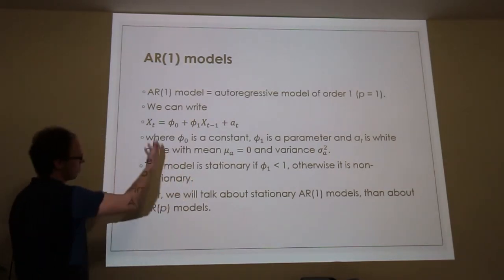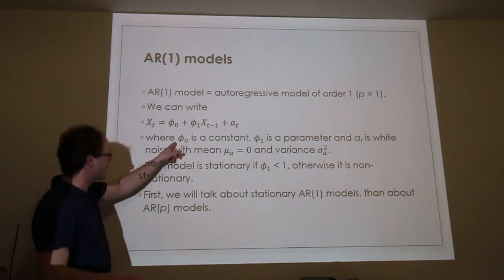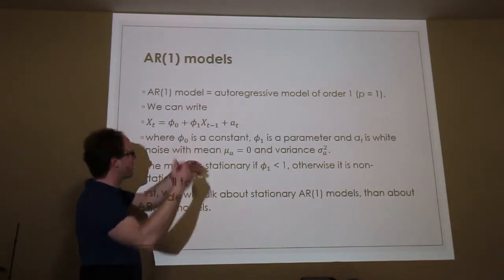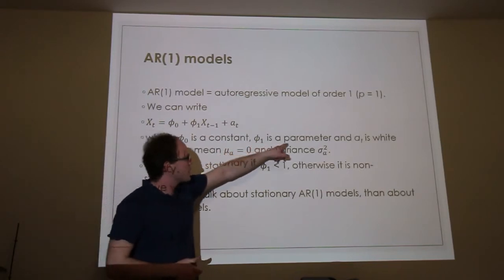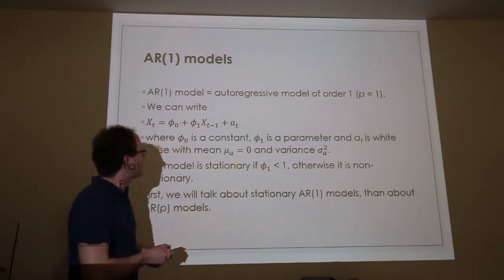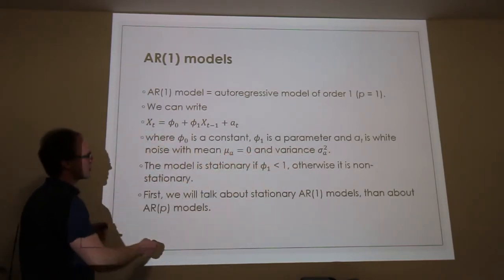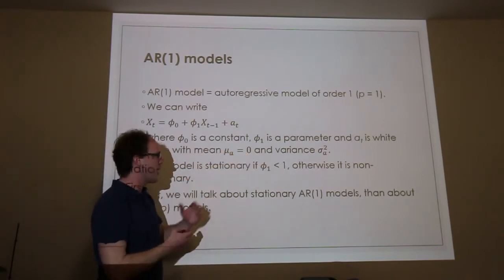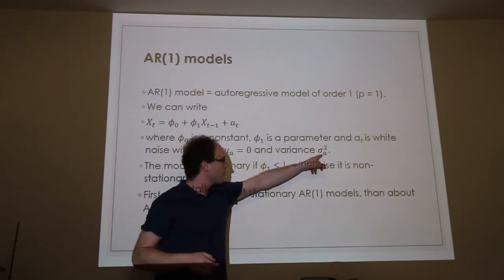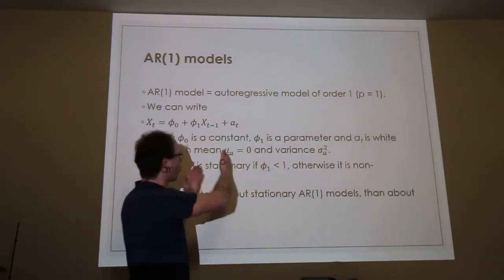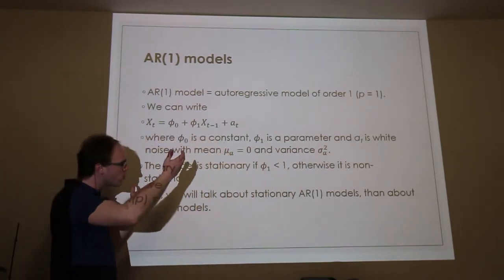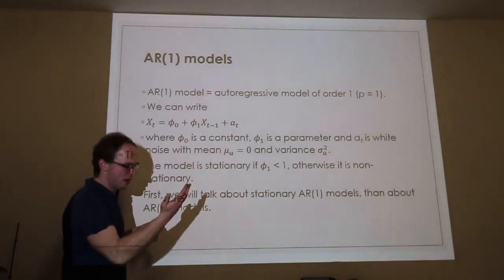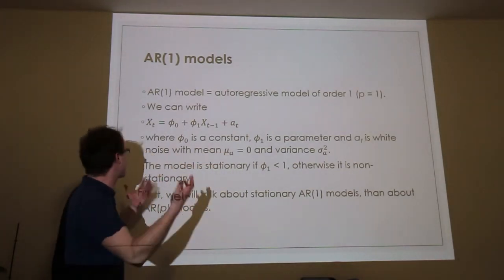Phi 0 is a constant which can or cannot be placed in the model, phi 1 is a parameter, and a t is white noise with mean mu a equal to 0 and variance sigma a squared, so with zero mean and finite and constant variance in time.